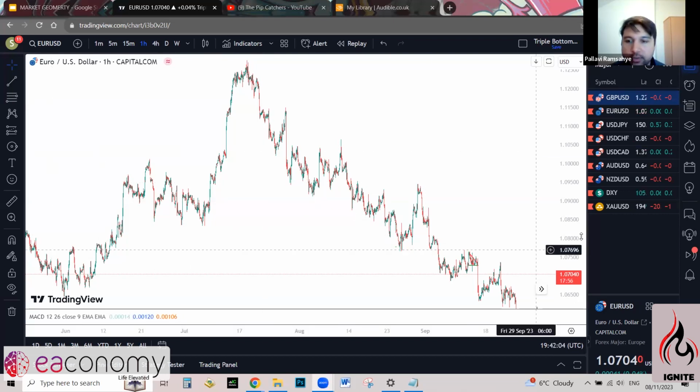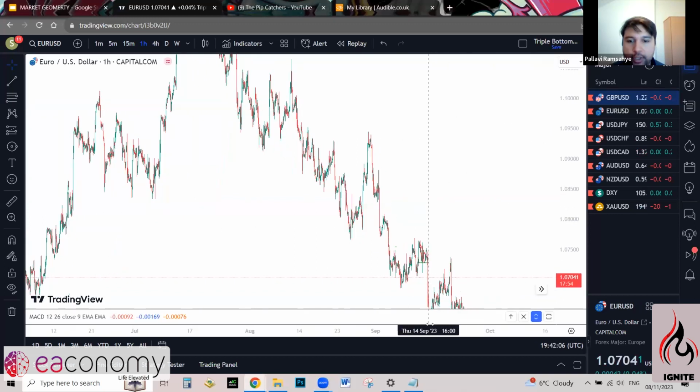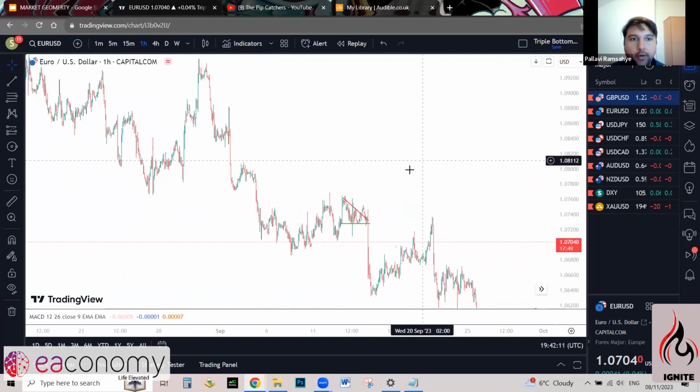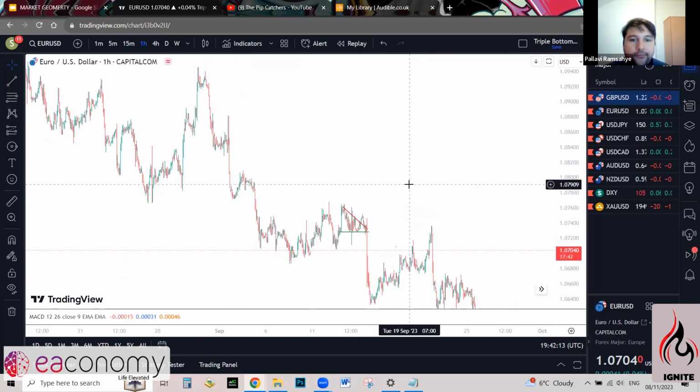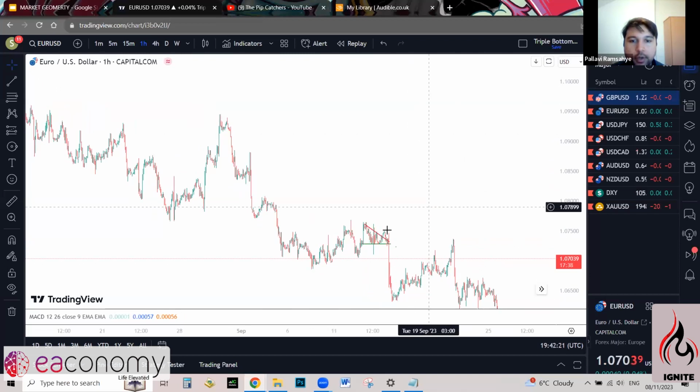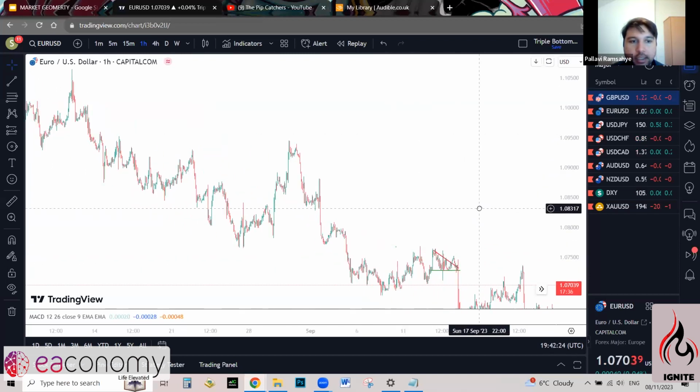You can use Fibonacci as well. That's a good point. However, with the Fibonacci tool, with any sort of confirmation as well, you do want to make sure you don't have that bias.